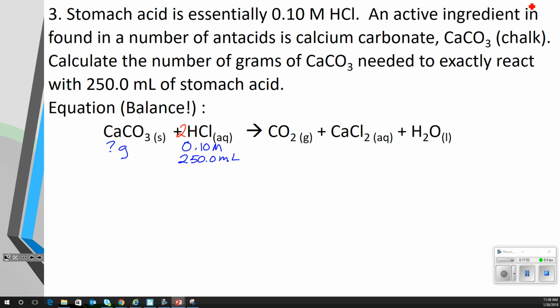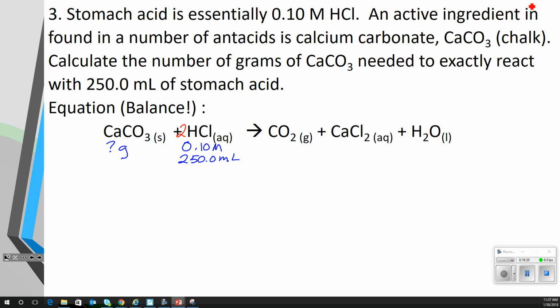Everybody's okay with that? Okay, so 1 Ca, 1 Ca, 1 carbon, 1 carbon, 3 oxygens, 2 hydrogens, 2 hydrogens, 2 chlorines, 2 chlorines. We're good. Okay, just making sure. All right, so which one can I make into moles so I can change it from one thing to another?